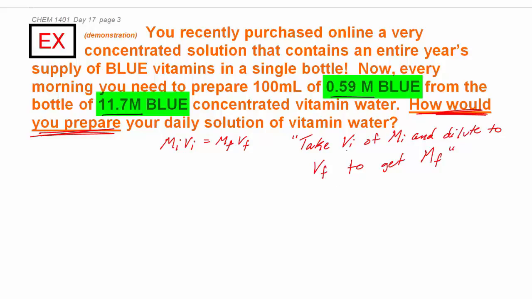We don't know what Vi is, but we know what Mi is. What's the initial concentration? What's the stock solution, the most concentrated solution, the initial? It's 11.7 molar, right? It's that stock solution. It's concentrated. Dilute to Vf. What's the final volume? The final volume is 100 milliliters.